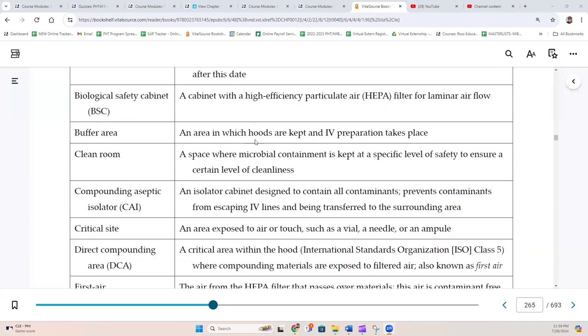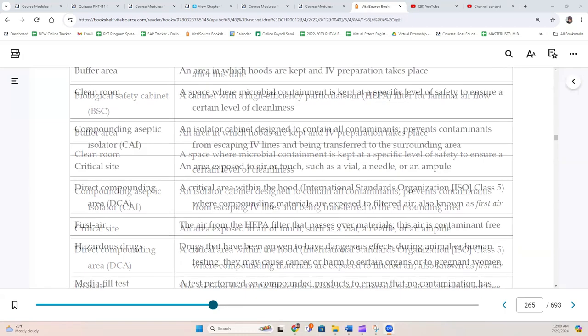The biological safety cabinet, a cabinet with a high efficiency particulate air, HEPA, filter for laminar airflow. The buffer area, an area in which hoods are kept and IV preparation takes place. The clean room, a space where microbial containment is kept at a specific level of safety to ensure a certain level of cleanliness.